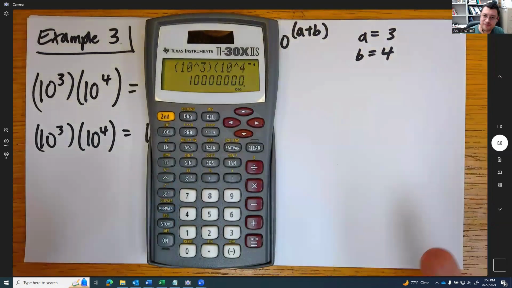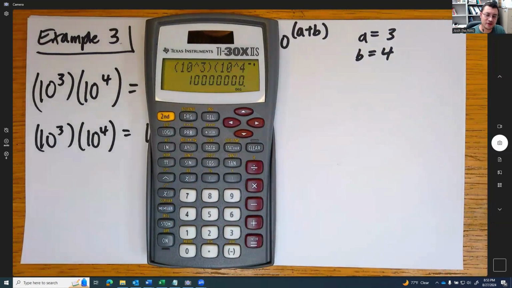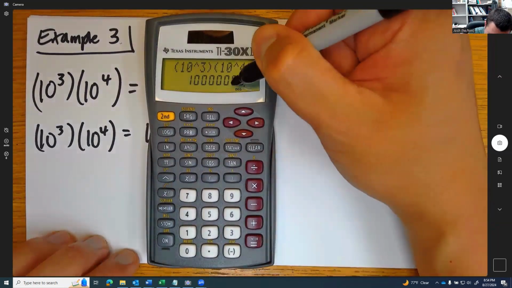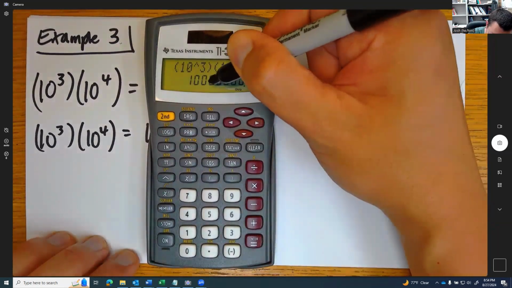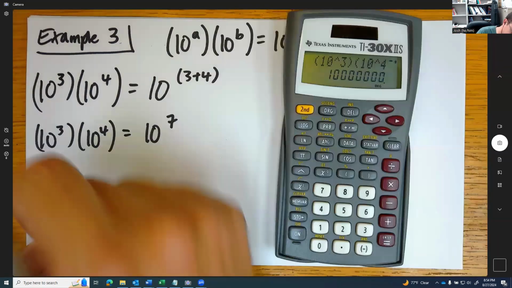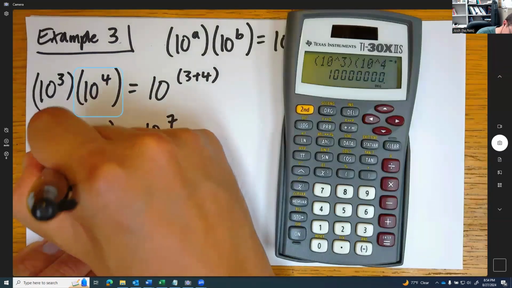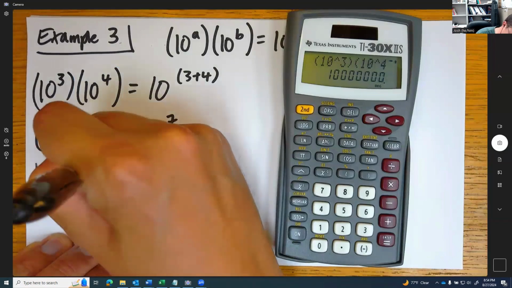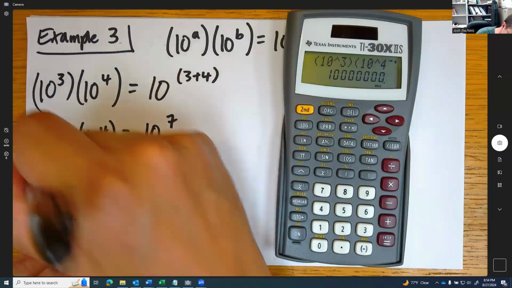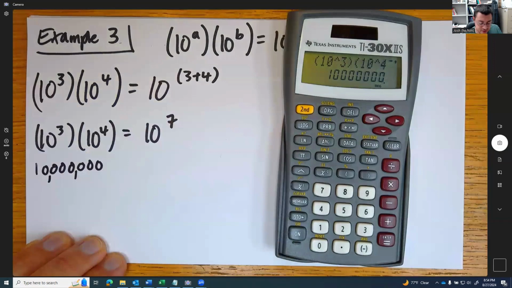Once your numbers get big enough or small enough, you might hate to admit it, but you might start liking powers of 10 because there's just so many zeros to write. All right, let's count them. 1, 2, 3, 4, 5, 6, 7 zeros. Put a comma every 3 places. We got 10 million.